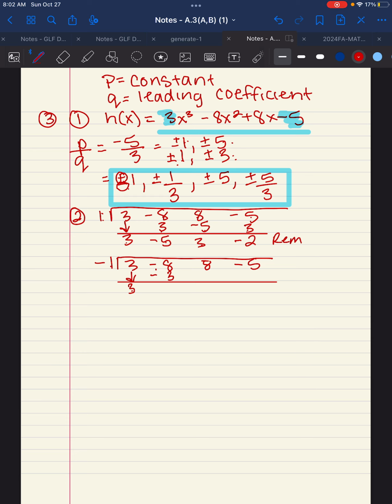Negative 8 minus 3 is going to give me negative 11. Negative 11 times negative 1 is 11. 8 plus 11 is 19. 19 times negative 1 is negative 19. Negative 5 minus 19 is not 0, and that's what I need.